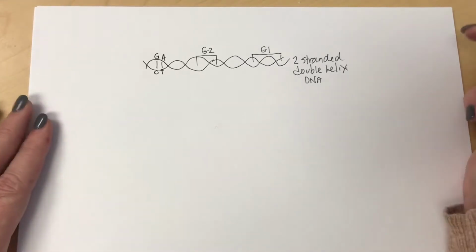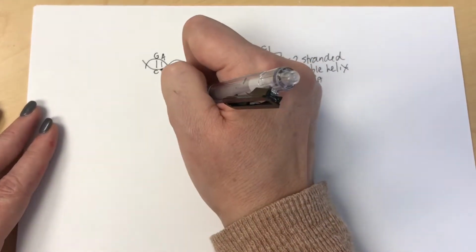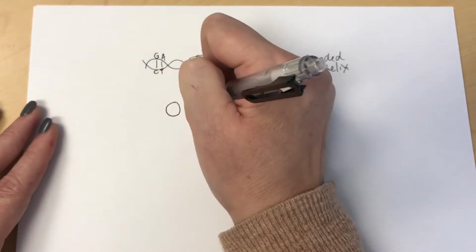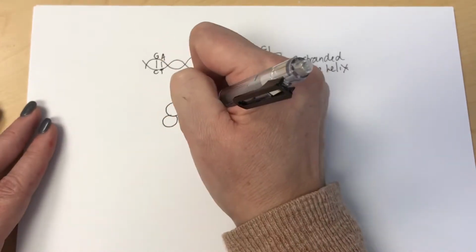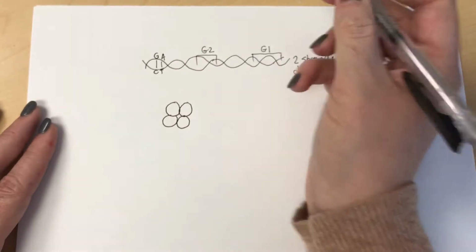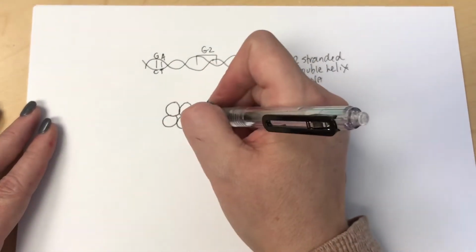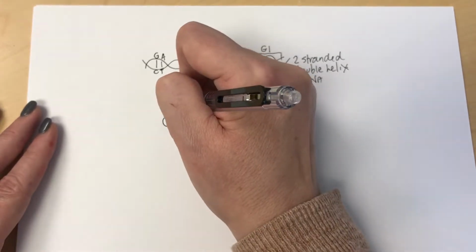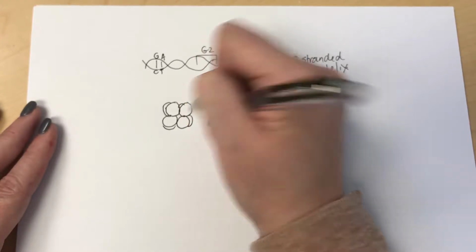And so one of the ways that the cell organizes the DNA is that it wraps it around some proteins, and these proteins are called histones. So a lot of times you'll see in pictures that there's 4 histones. Behind that there are another 4. So there's 8 histones in this complex.